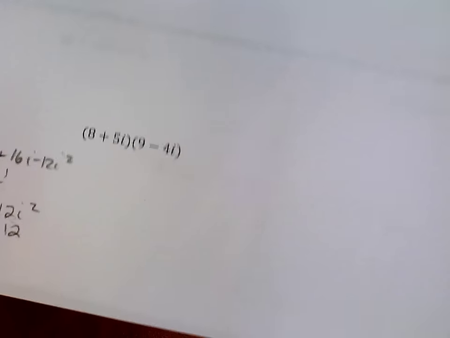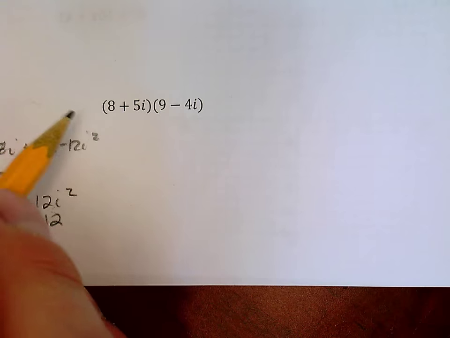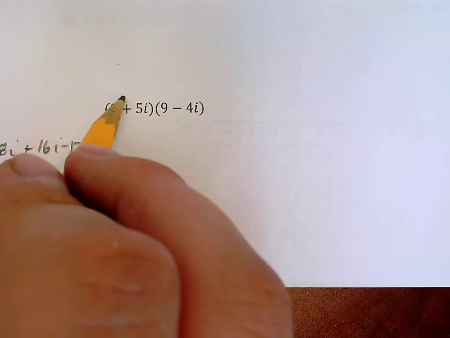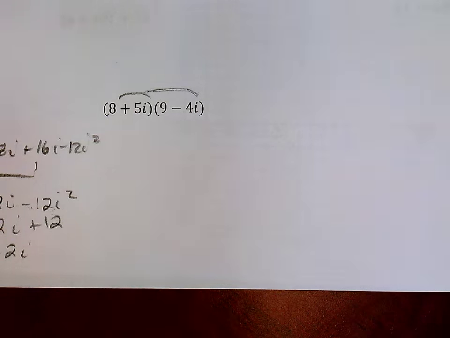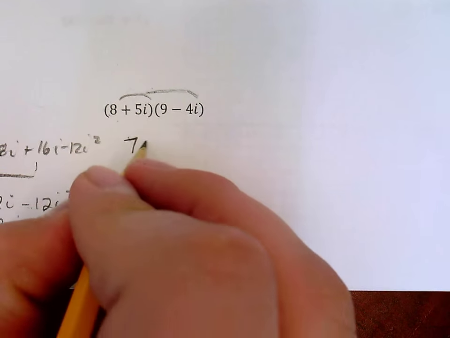Now, technically what we're doing, I'm going to show you on this one, is we're distributing twice: first with the first number, then with the second number. So I would distribute this 8 to these two things behind here. So let me sharpen this real fast. Alright. So this 8 times this 9 becomes 72.